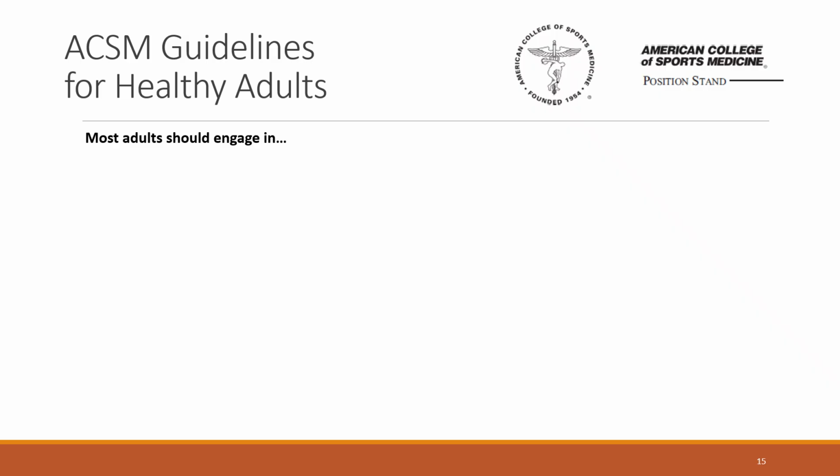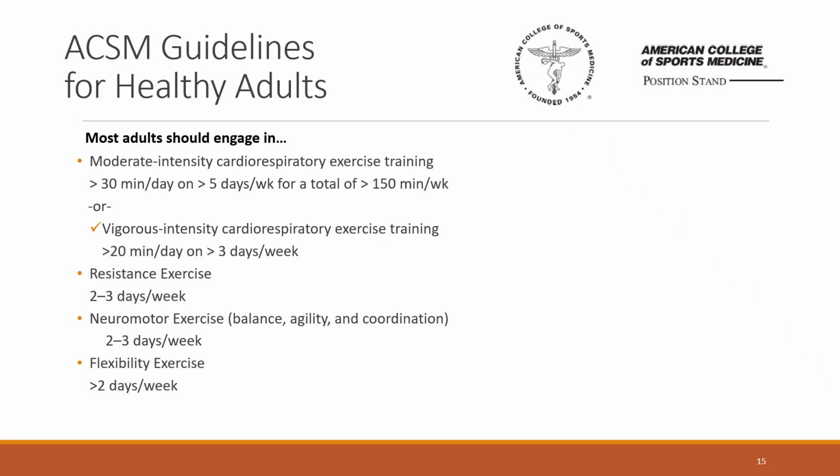This is all from your reading assignment. So most adults, it says, should engage in moderate intensity cardiorespiratory exercise training, more than 30 minutes per day, more than 5 days a week for 150 minutes or more. But it can also be met by vigorous intensity cardiorespiratory exercise less often. So the more intensely you exercise, the less often you have to do it. Certainly you're going to need more recovery.